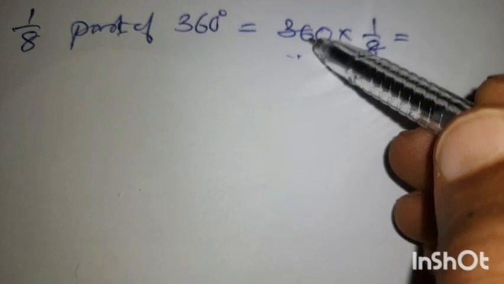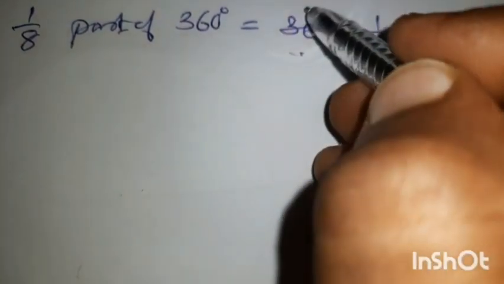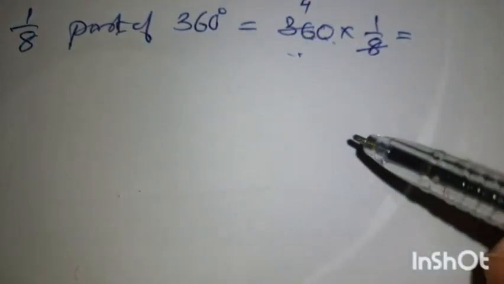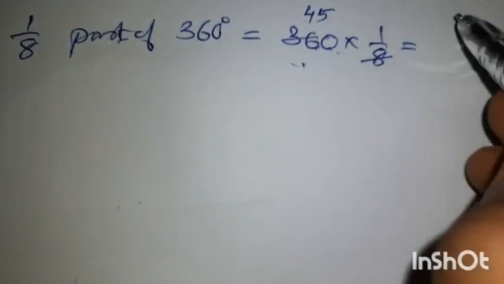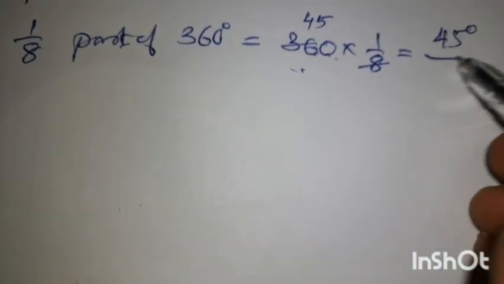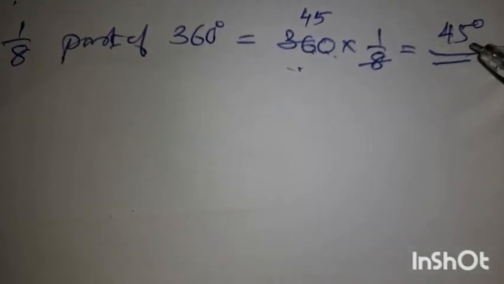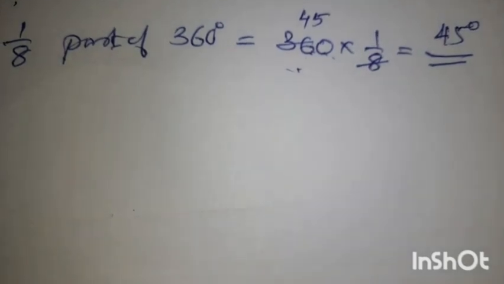Okay, out of 40, 4 times 32 and remainder 8. Then 8 into 5 is 40. So 45 degrees is the 1/8 part. 45 degrees is the 1/8 part of total 360 angle. So 45 degrees you have to mark in the circle.